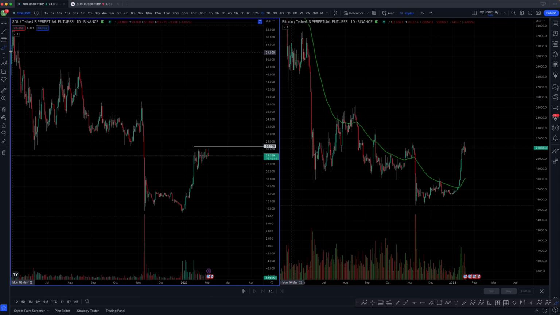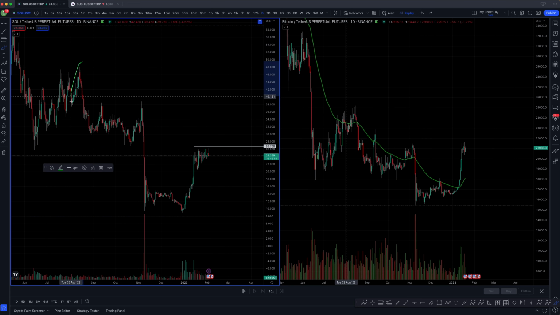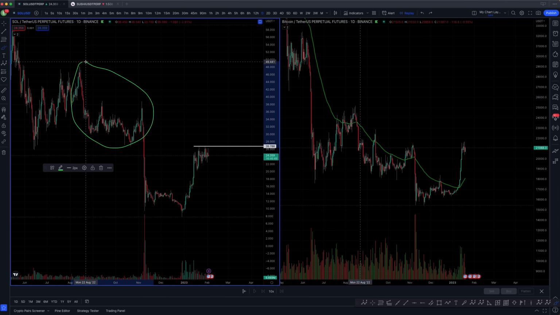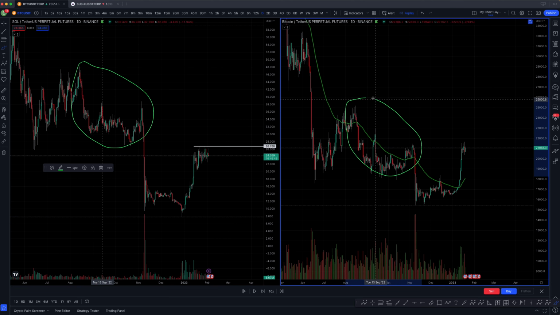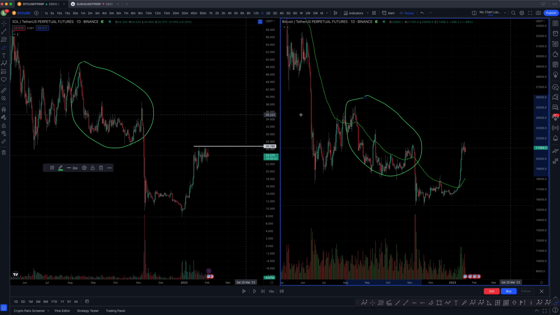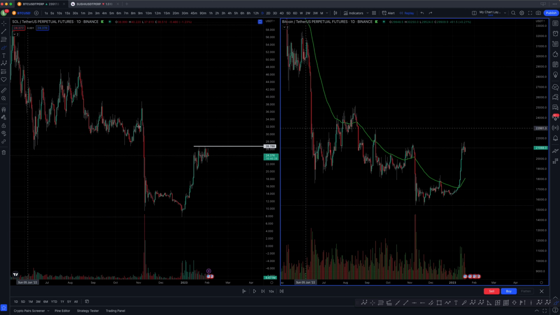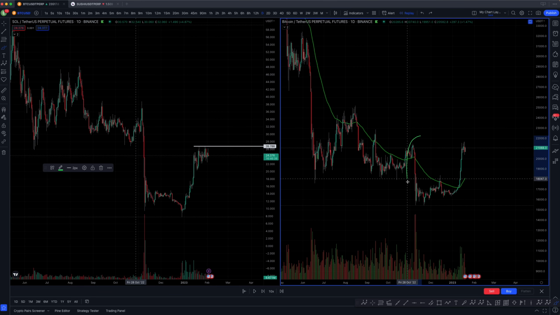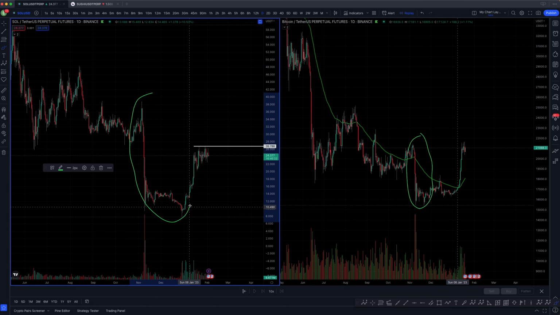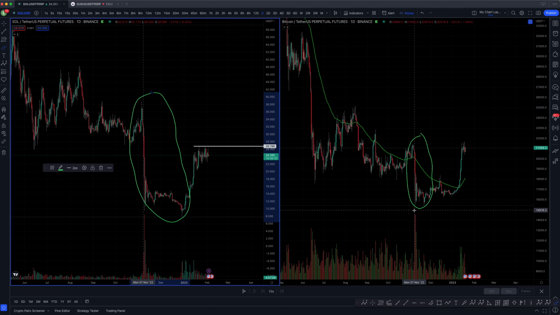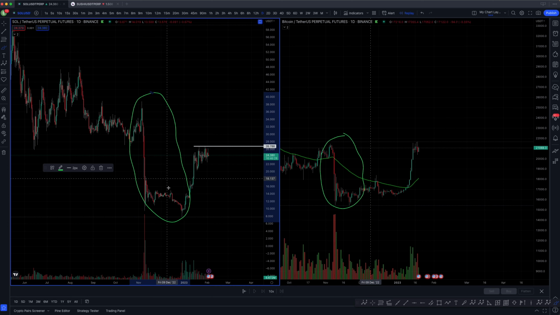See this area of Sol, this is Solana, and this area of Bitcoin. Similar, right? It's like a copy. Okay, now look at this drop of Bitcoin and this drop of Solana. Look at even the structures. Very similar, right?